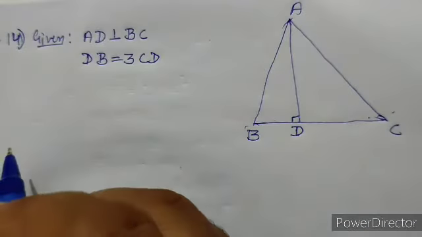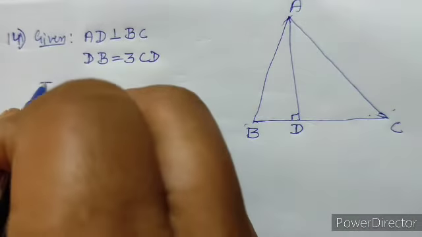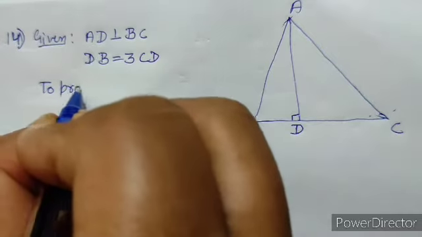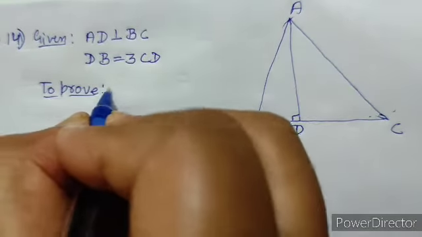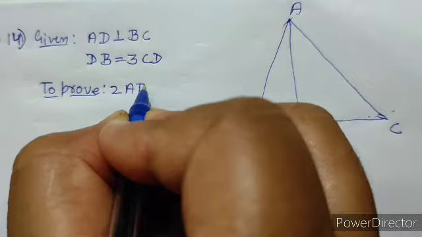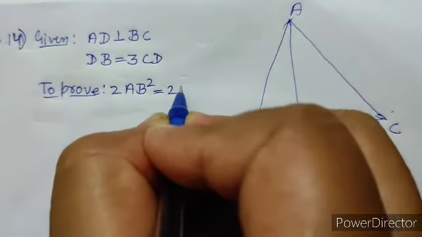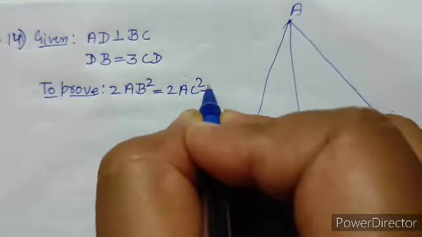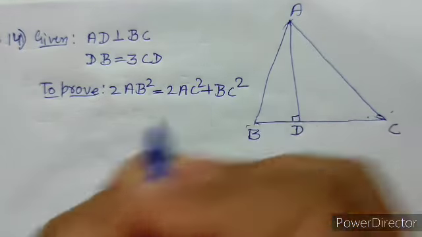These two things are given to us. We have to prove that 2AB square is equal to 2AC square plus BC square.